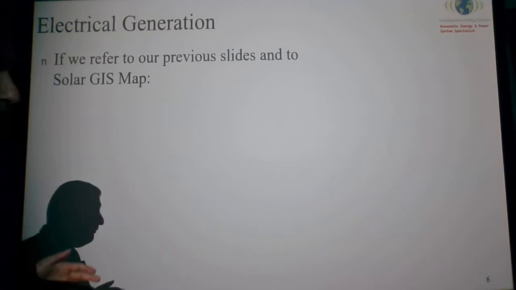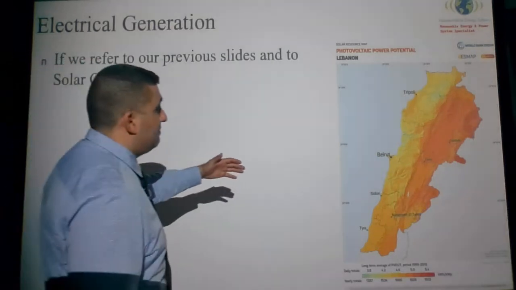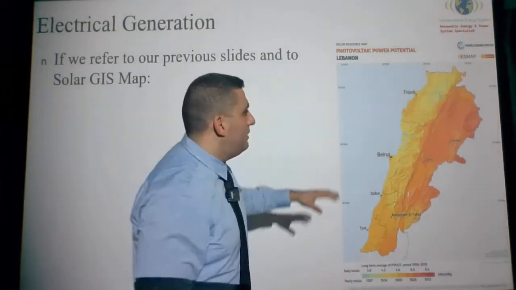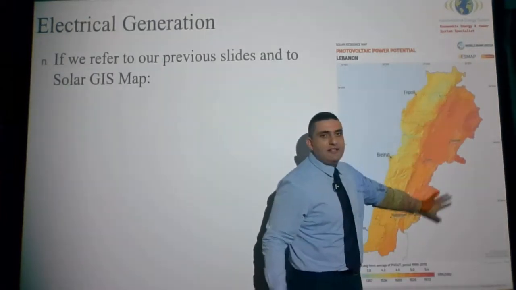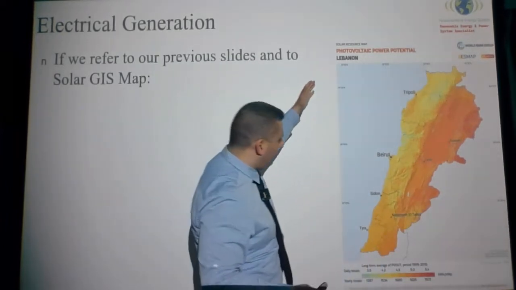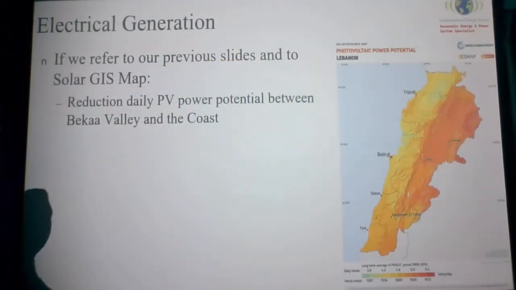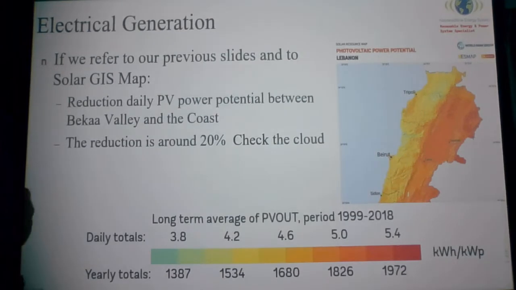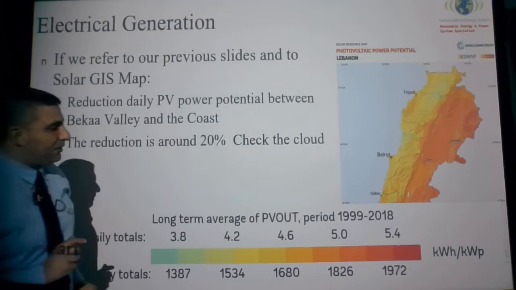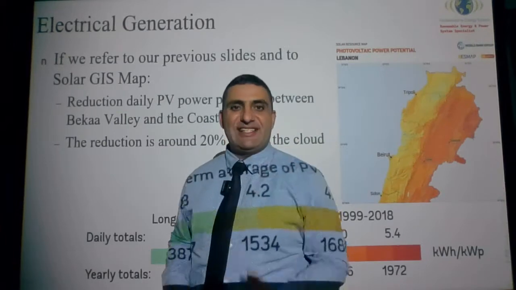Now, if you refer to a previous slide, and also the GIS that gives us the photovoltaic power potential. This slide, this map, gives us an indication of the photovoltaic potential, and you will see that I will have almost 20% reduction in daily power if I installed a 1 kilowatt solar system.